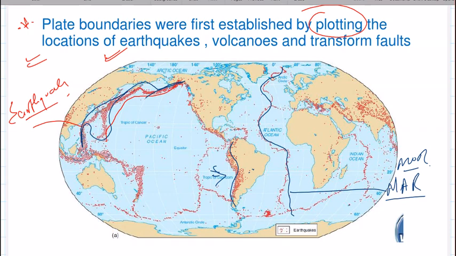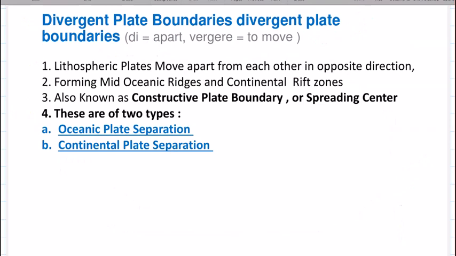So why do convergent boundaries have a high number of very major earthquakes, while divergent boundaries do not have that severity? This we will discuss in the upcoming lectures. Okay, so this is just to know that earthquakes, volcanoes and transform faults are happening due to the plate boundaries.